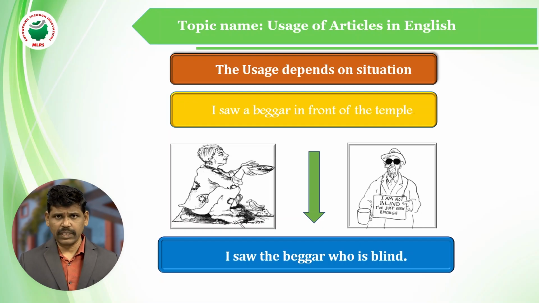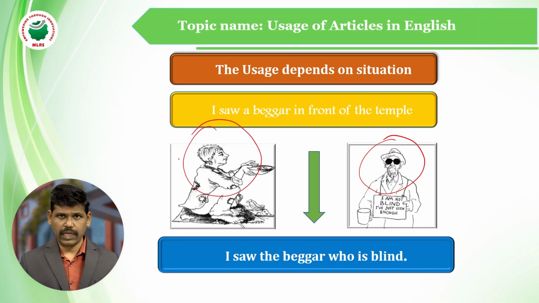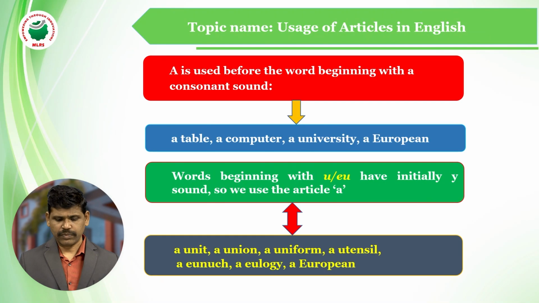I saw the beggar who is blind. The first one is in the general sense: a beggar means generally one of the beggars. In the second sentence, I am talking about the particular beggar who is blind. This is the general sense, and this is the particular sense. We are particularizing this beggar: I saw the beggar who is blind.